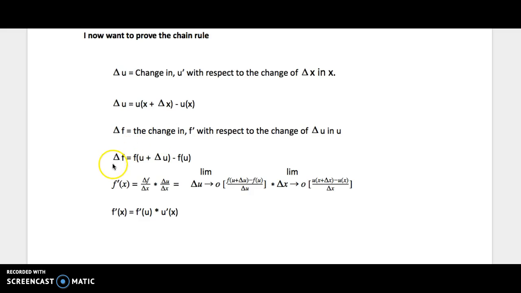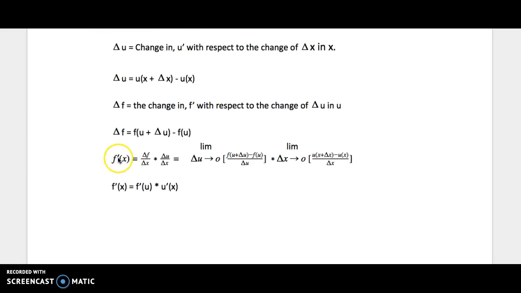Again, this means that the delta f is equal to f of u plus delta u minus f of u. So the derivative for f of x can be written as delta f over delta u times delta u over delta x.